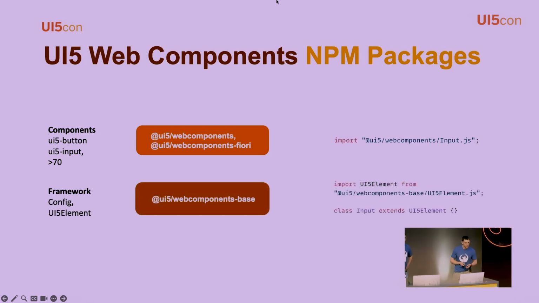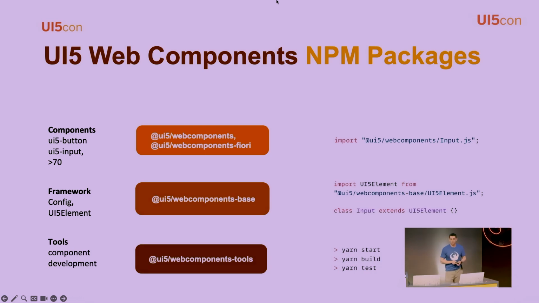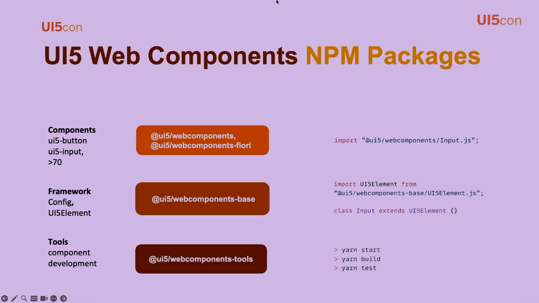It's included in the base package, and it provides APIs for configuration of the language or the theme, but most notably the UI5 element class, which is the parent class of all web components, and it handles the life cycle of the components, also handling some rendering related tasks. But we also provide tools for component development for those of you that would like to develop custom web components libraries, including a development server, build, start and test tasks, or commands for quickly bootstrapping a web components project.